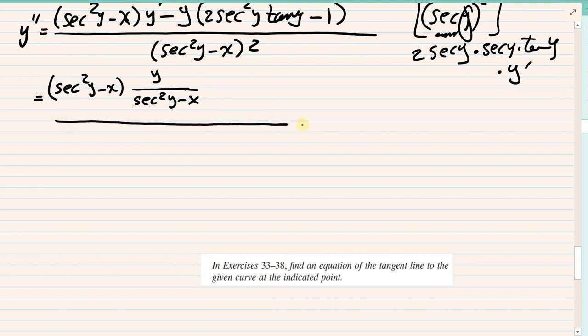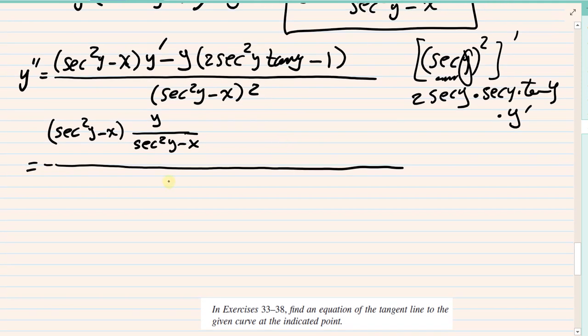And let's make this all over the denominator. And we're going to square the denominator, right? So squaring the denominator, we get secant, or actually it's already squared. We did that. I'm just copying the denominator. So I replace y prime in the numerator, minus everything else, right? Minus y times.